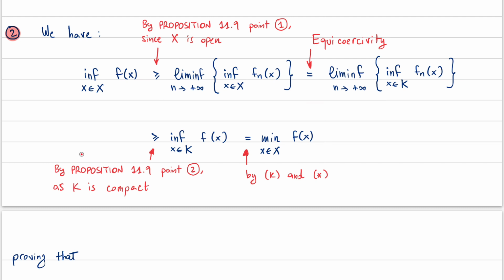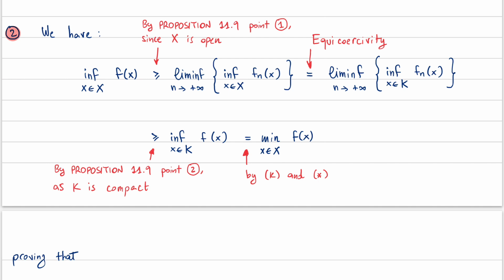And now here we want to use again proposition 11.9, but point 2 this time, which tells you that since we are on a compact set, then this lim-inf is larger or equal than the infimum for x in K of the gamma limit. And now this is equal to the minimum of the gamma limit over the whole space, because we just proved this in point 1.